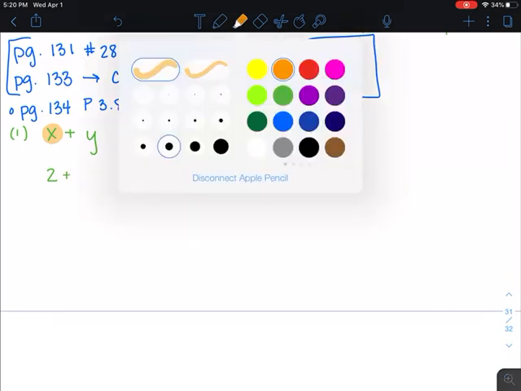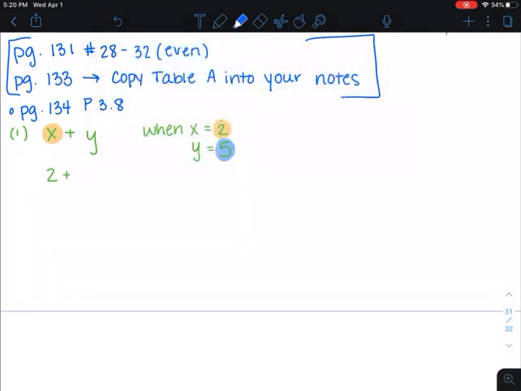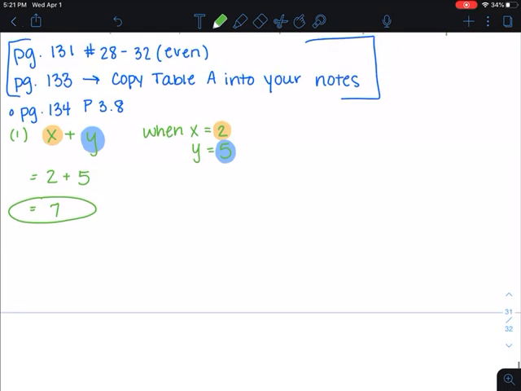So x is 2, so I'm going to plug in x as 2 plus, and instead of adding y, I know that y is 5, so I'm going to plug in a 5. And what is 2 plus 5? 7. So for every time I see an x, I'm going to plug in a 2, and for every time I see y, I'm going to plug in 5.